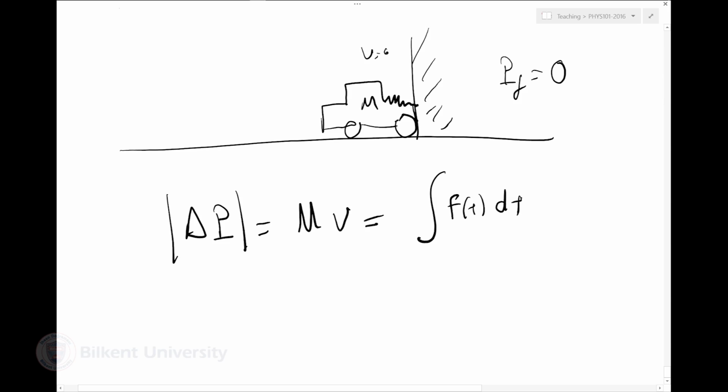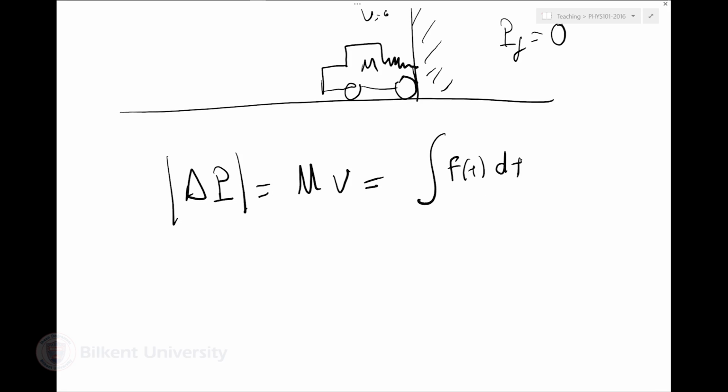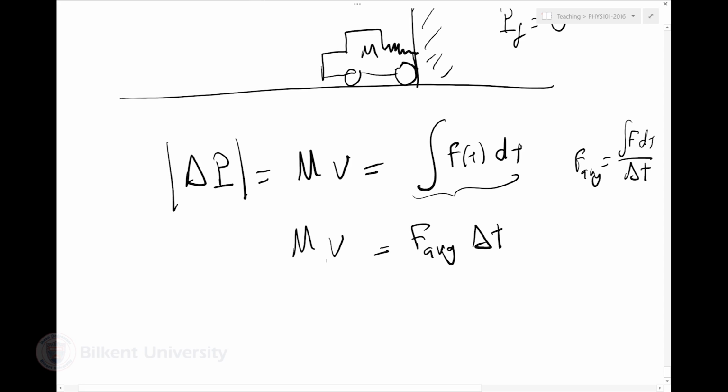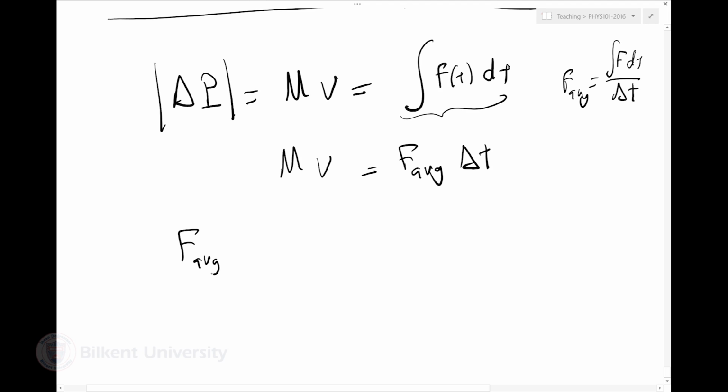But what am I asked to find? I'm asked to find the average force. What does that mean? What's the average force during the collision? Well, this integral is going to be f average times delta t, right? Because the time average would be the integral of f dt divided by delta t. So it's going to be mv. So the average force is m times v divided by delta t.